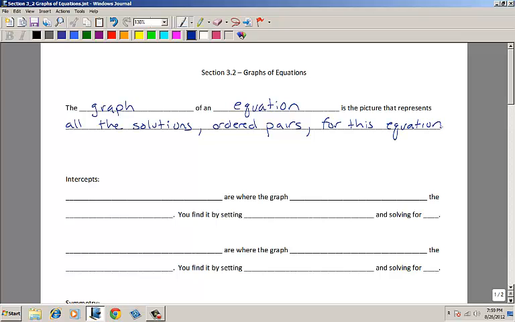So a graph represents just all the solutions, all the x and y's, all the ordered pairs that can be substituted and make that statement, that equation, true.